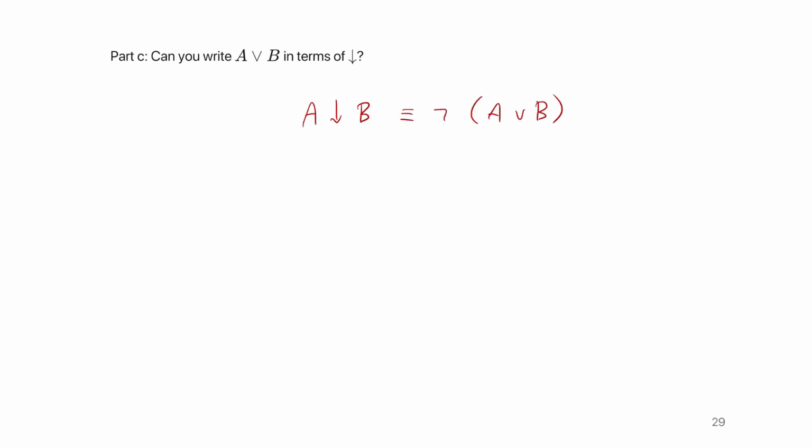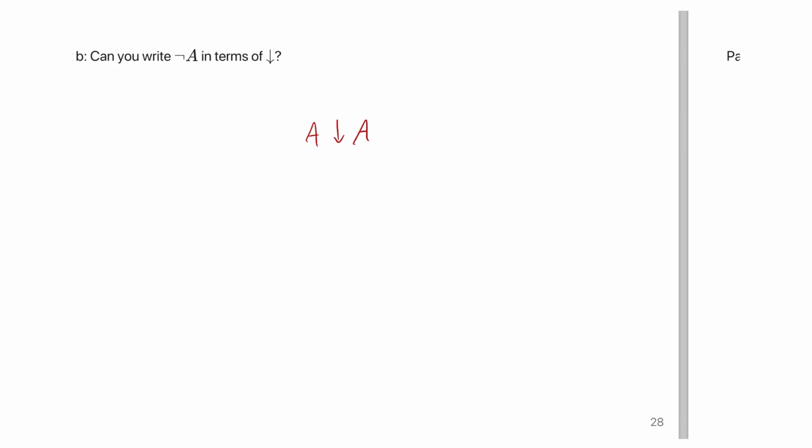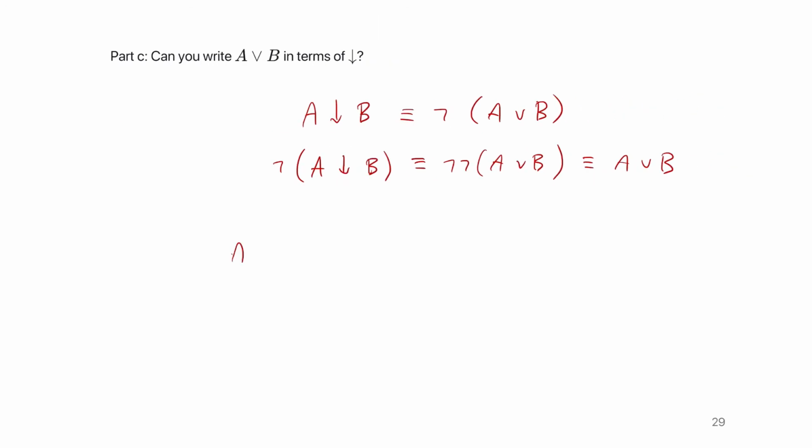So if we take the negation of both sides, we get not not (A or B), which is just A or B. Right? But we found that not A is equivalent to A down arrow A. So this tells you that A or B is equivalent to (A down arrow B) down arrow (A down arrow B).